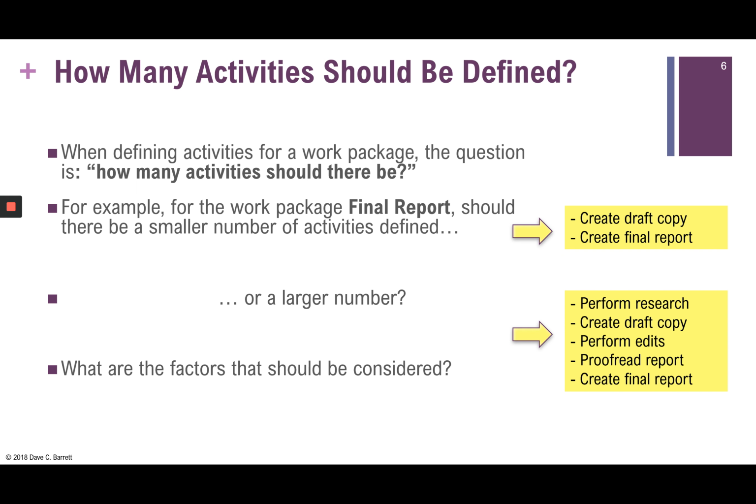Well, there are a number of things that should go into thinking about how to determine this. If you refer to your textbook, for example, on page 49, you can see there's a number of factors. You'll know when to stop creating activities when each activity is clear to those who will perform the work.